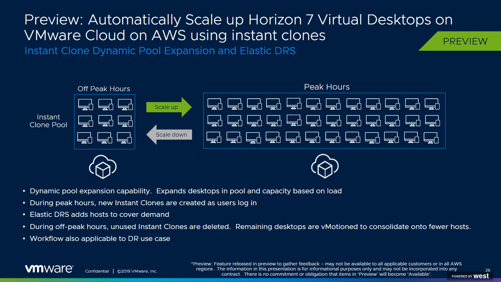The ability for VMware Cloud to expand and contract as the requirements needed for the infrastructure layered on top gives us the capability of extending those desktops and providing capacity on the fly for off and on-peak usage areas during the day or during certain times of the month where desktop usage could increase in a substantial amount, and provide that ability to call back that infrastructure as you see fit, and the remaining desktops are unused and removed from the infrastructure as well.